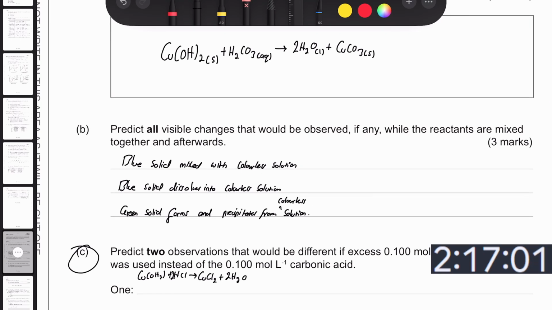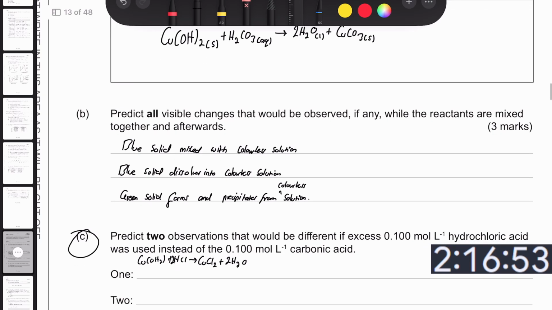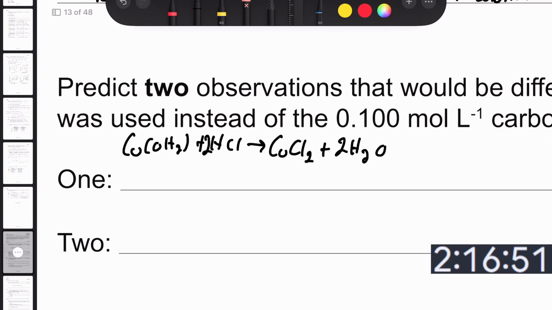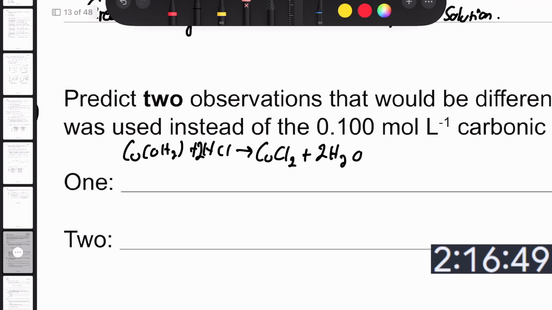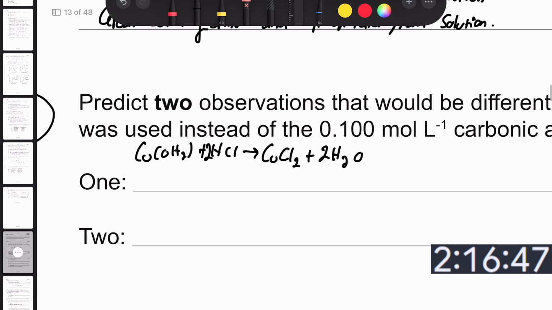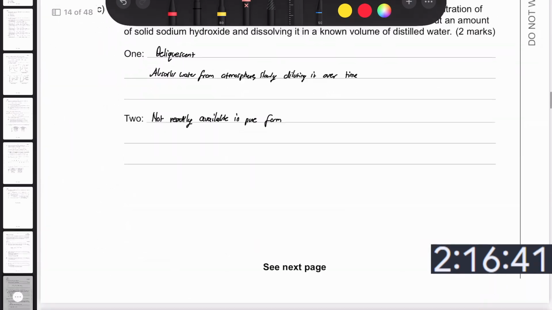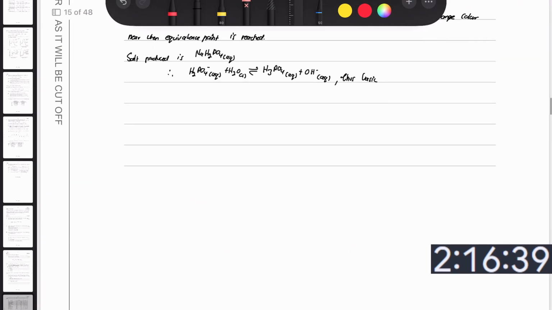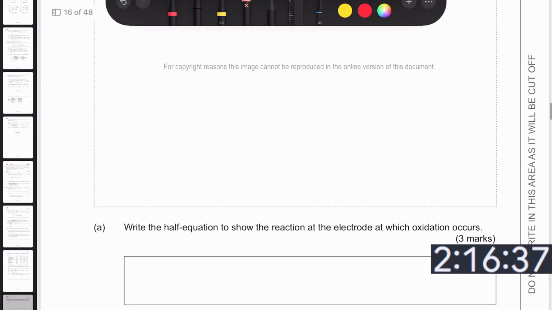The blue solid, because Cu is blue, and with H you get CuCl2, copper 2 chloride, which is also green, and you're going to get water. I'm not sure. I think it's going to have another one. I'm going to have to come back and do that.